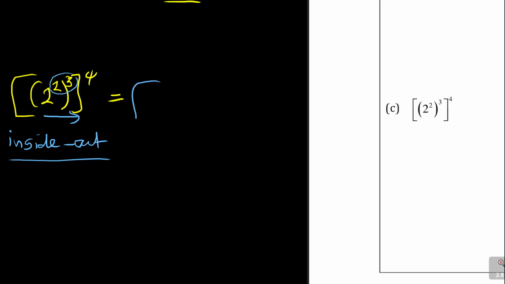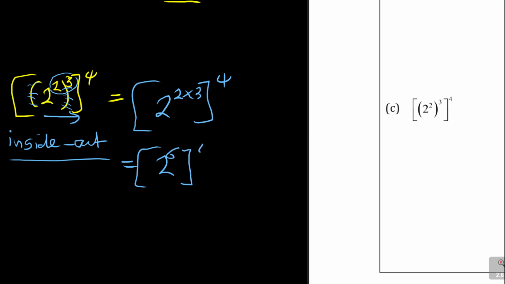So it will be that big bracket, which is 2 to the power of 2 times 3. You see, we have opened this bracket. Then you are left with the other one, to the power 4, which is equal to, still put the bracket, 2 times 3 is what? It's 6 to the power 4, which is equal to 2 to the power of 6 times 4.